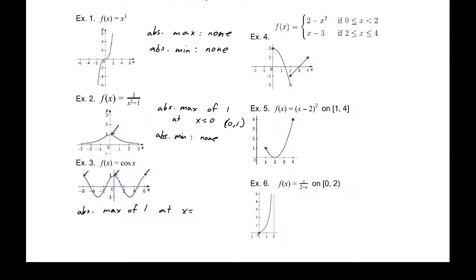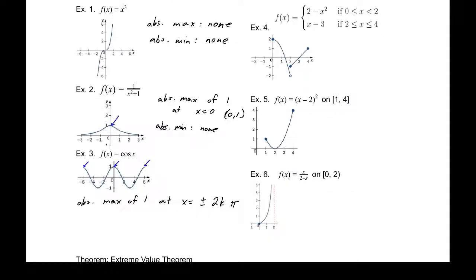The way this is usually written is plus or minus 2k pi. We can write that as x equals 0, plus or minus 2 pi, plus or minus 4 pi, plus or minus 6 pi, etc. So it happens at every even multiple of pi.